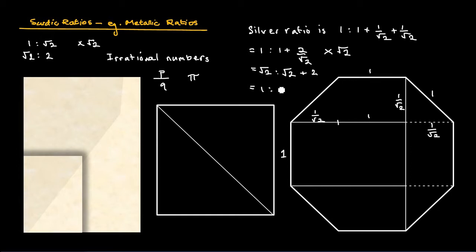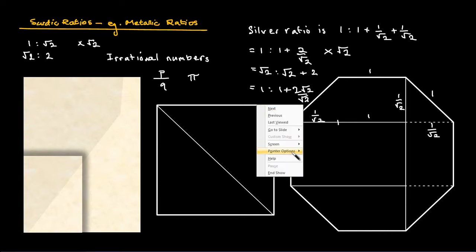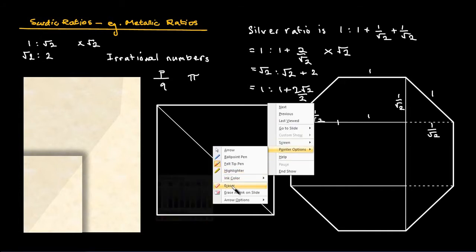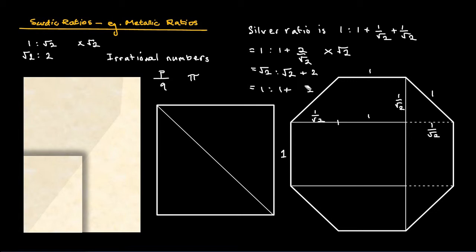So we've now got 1 plus, well, if I multiply both the numerator and the denominator now by root 2, then I'll have 2 times root 2 divided by root 2 squared, so divided by 2. And in the interest of space I'm just going to erase those 2's, because those 2's cancel, giving us 1 plus root 2. Let's just rewrite that nice and neatly.